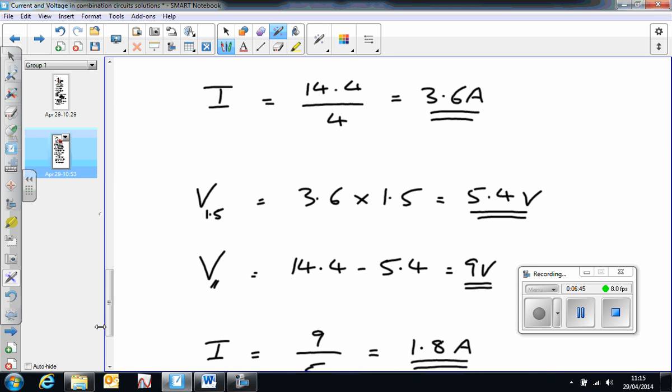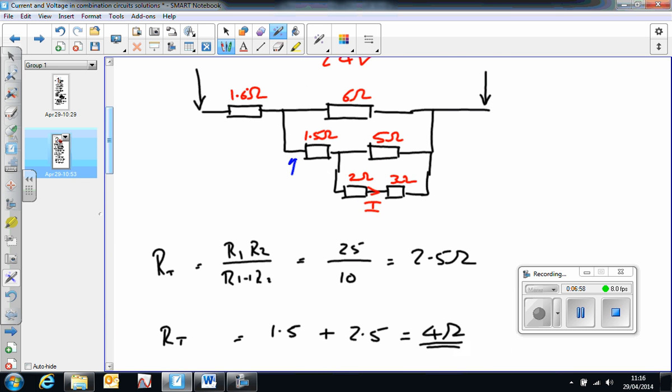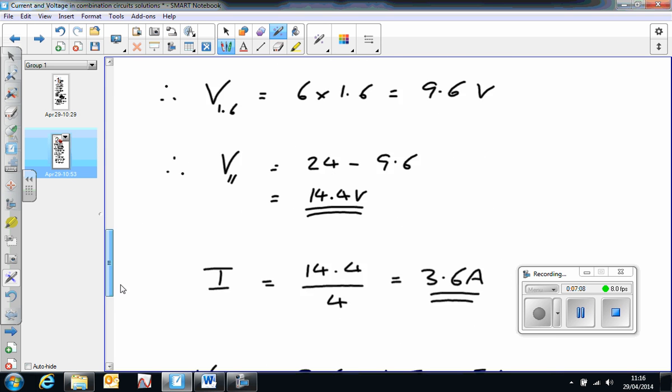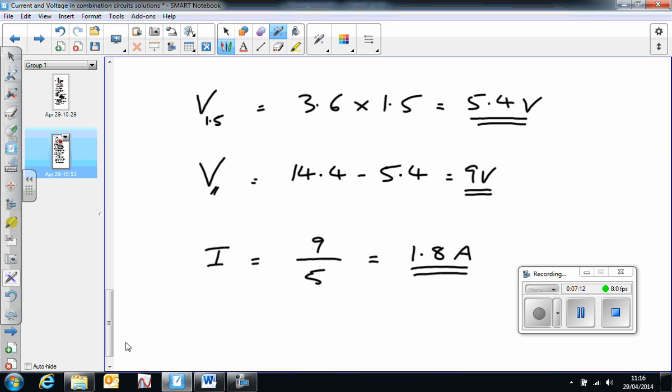The voltage across that 1.5 ohm resistor is the current 3.6 amps times 1.5, which is 5.4 volts. So what's left across here is 14.4 minus 5.4, which gives us 9 volts. So I've got 9 volts across my little parallel bit here.